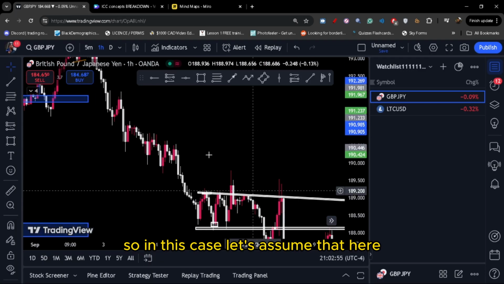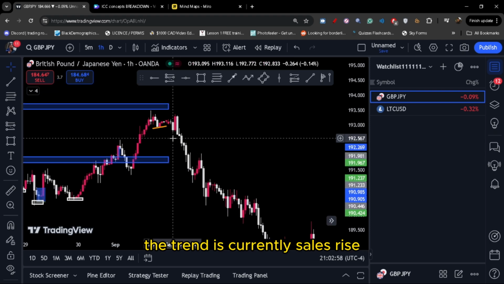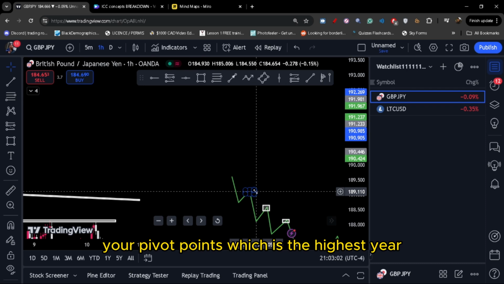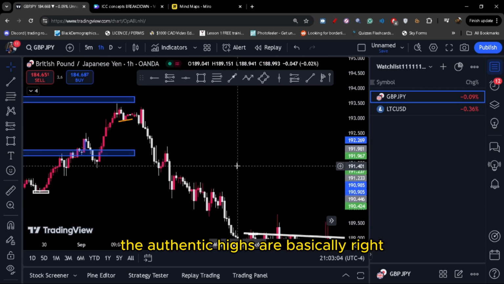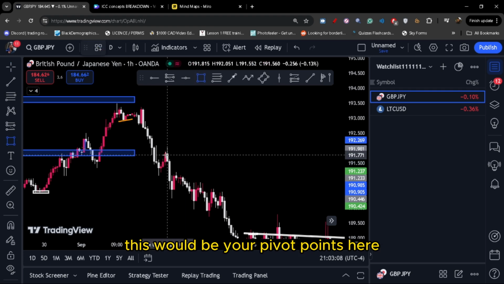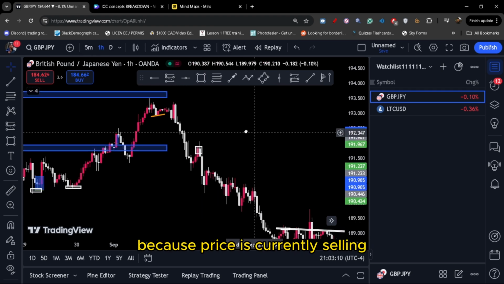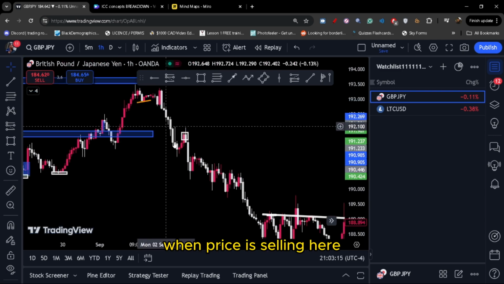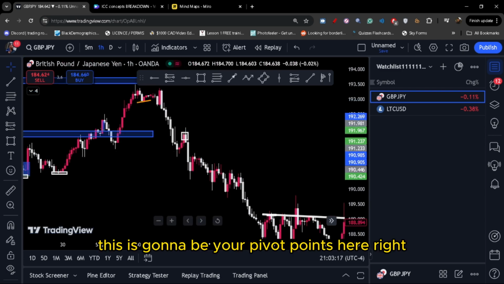So in this case here, let's assume that the trend is currently sells, right? So your pivot points, which is the highs here, the authentic highs, are basically at least two candles, right? So in this case here, this would be your pivot point here because price is currently selling. So before any of this happened here, when price is selling here, this is going to be a pivot point here, right?